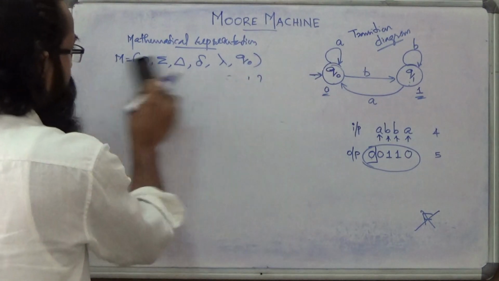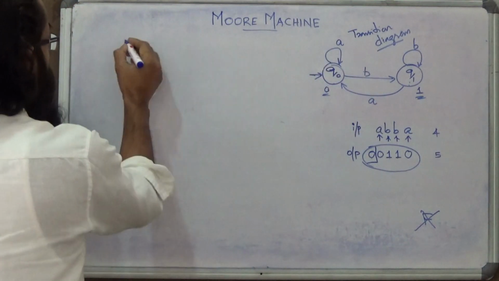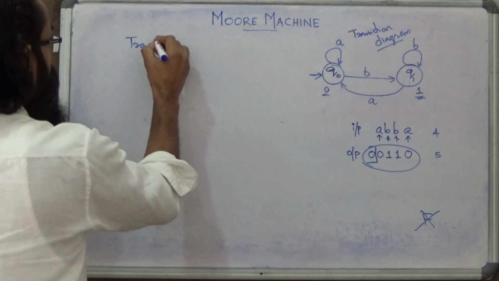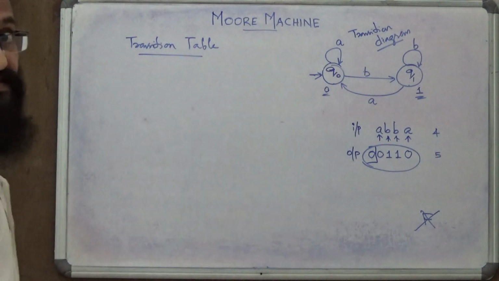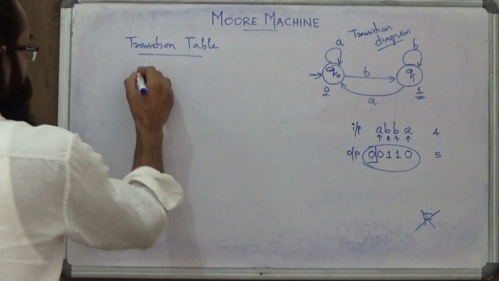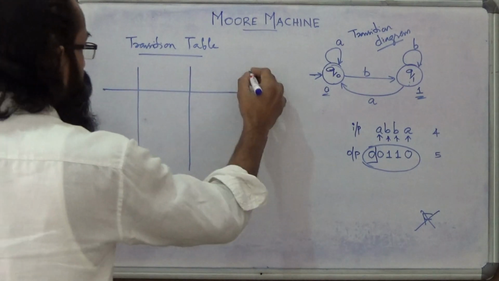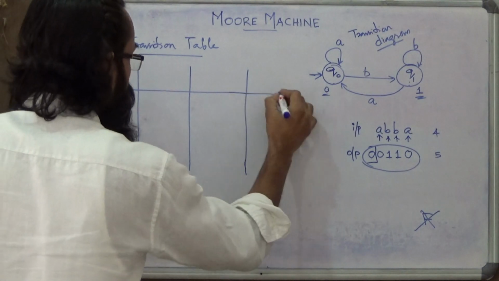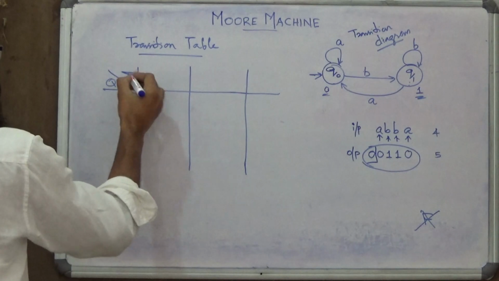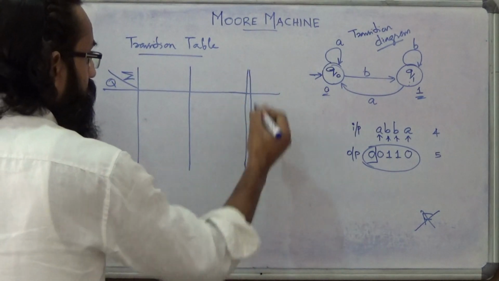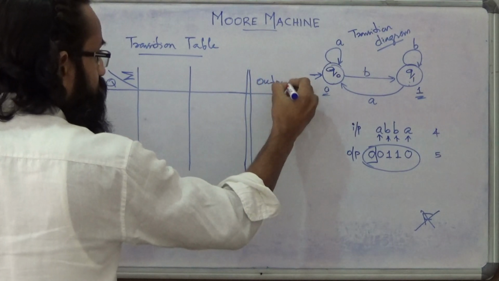And the third representation, so we have discussed the transition diagram and the mathematical representation, and the next one is the transition table. That is the tabular representation of a Moore machine. So you are having Q here. Here we can state the output.